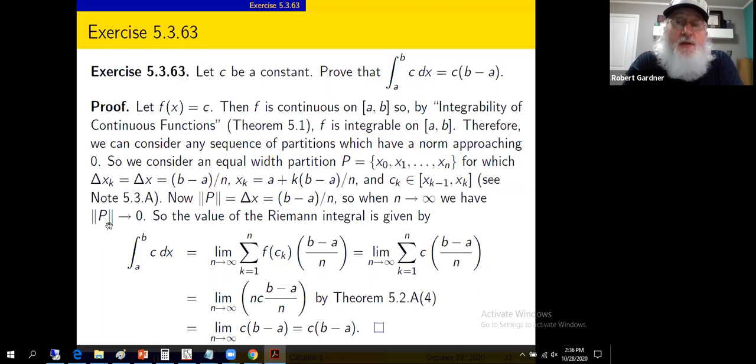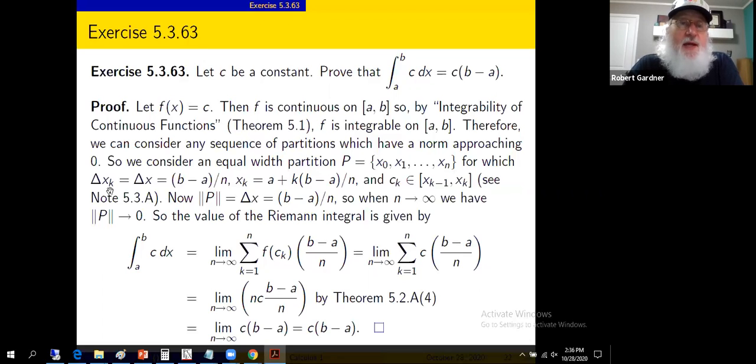Knowing integrability, we can use this approach to evaluate the integral. So the integral from a to b of c dx is a limit as n approaches infinity, which is equivalent to the norm of the partition approaching 0, of Riemann sums. This is a sum from 1 to n of f of c sub k times delta x sub k.